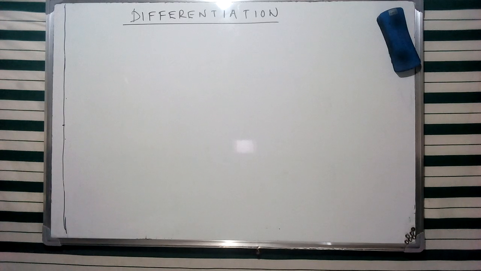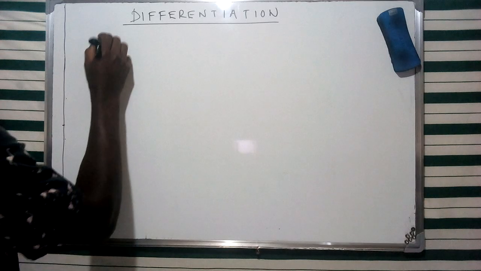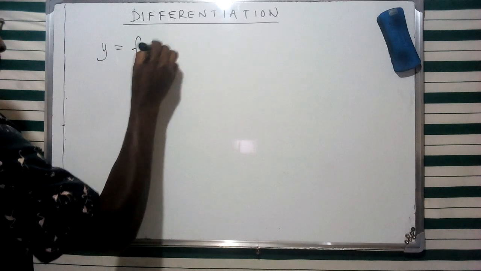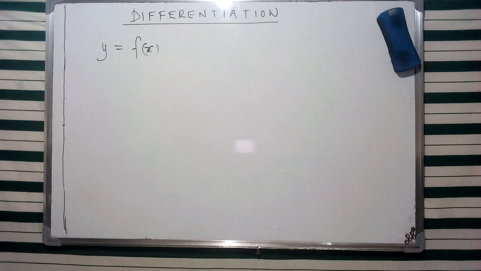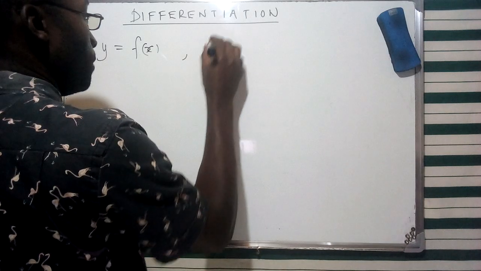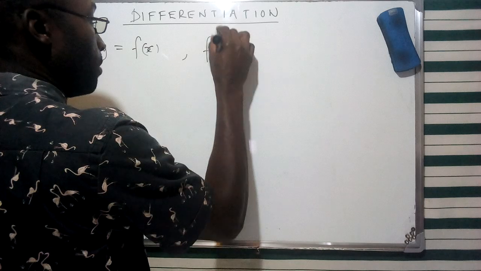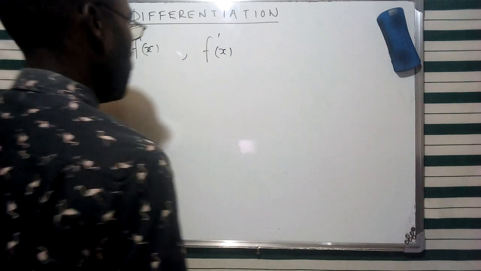So basically, we have been given the function y as a function f(x). We said that we can define the concept of a derivative using this function, whereby this derivative can be represented as f prime of x.